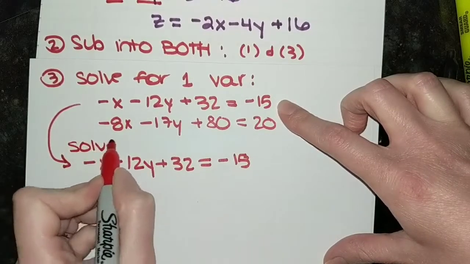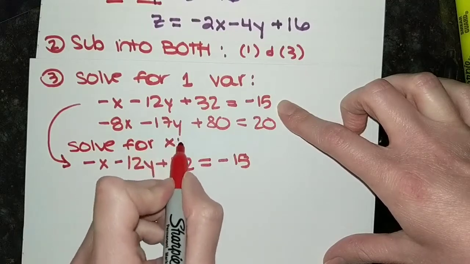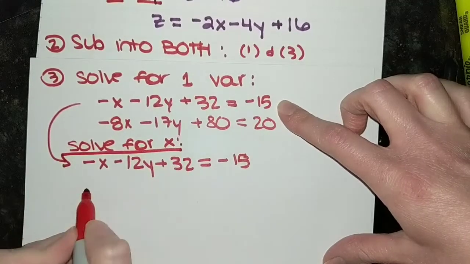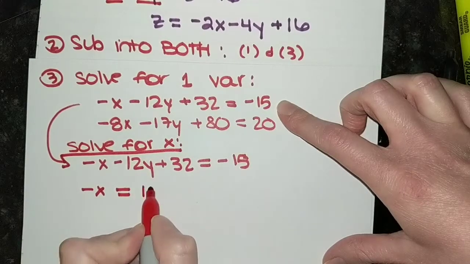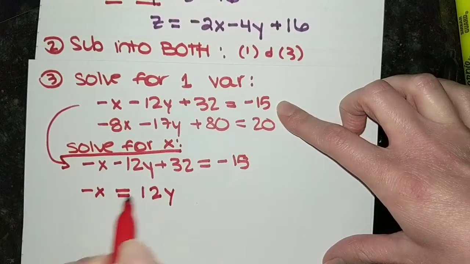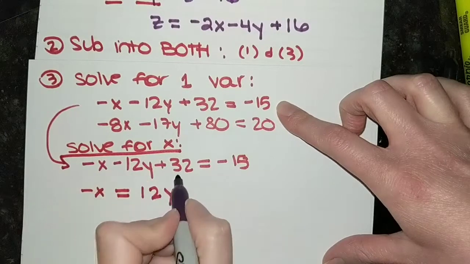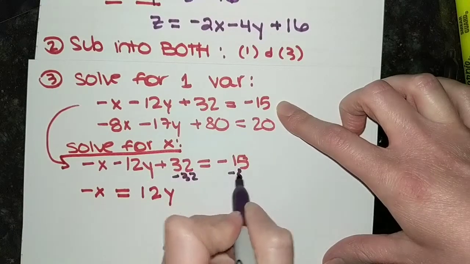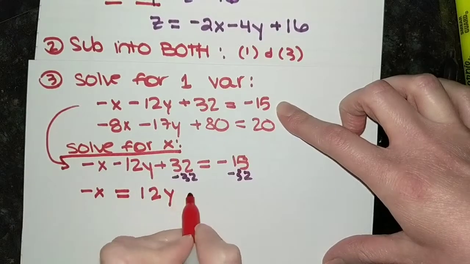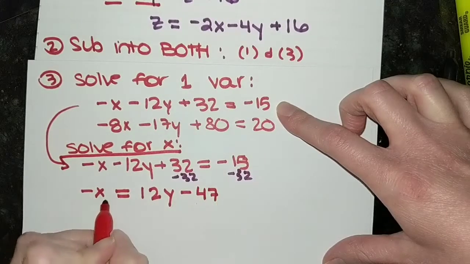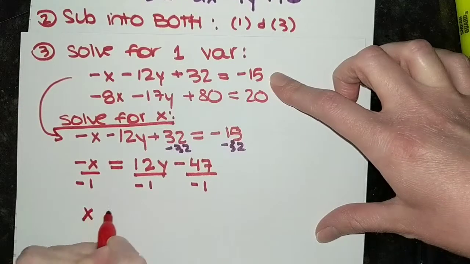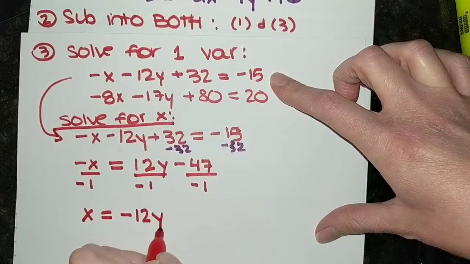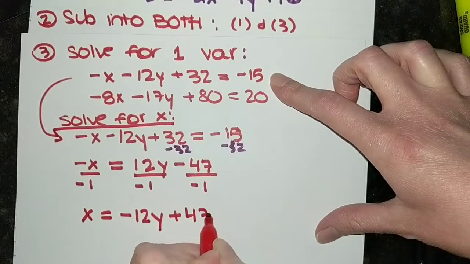You would have negative x equals, and then this 12y would go over, so it would become a positive 12y, and then the minus 32 from both sides would give you a minus 47. And then divide all three terms by negative 1. So that would give you x is equal to negative 12y plus 47.